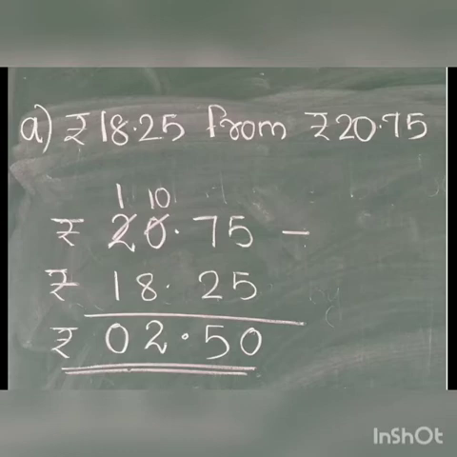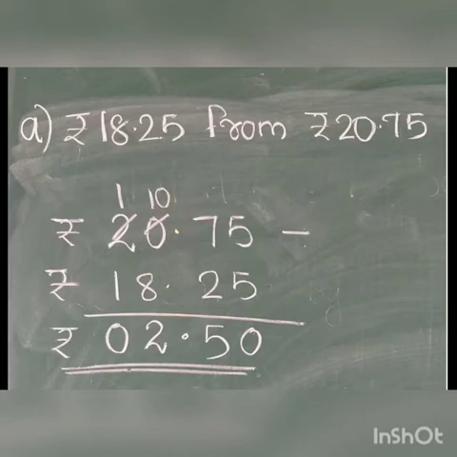So that is the basic concept of subtraction. Now borrowing, subtraction, everything you have been studying from the smaller classes, so we'll refresh the concept. So coming to the subtraction, 20.75 minus 18.25. See, in this, the only difference in decimal numbers is that once you write the numbers, the decimal points should coincide correctly and the place value of each digit should be placed correctly.